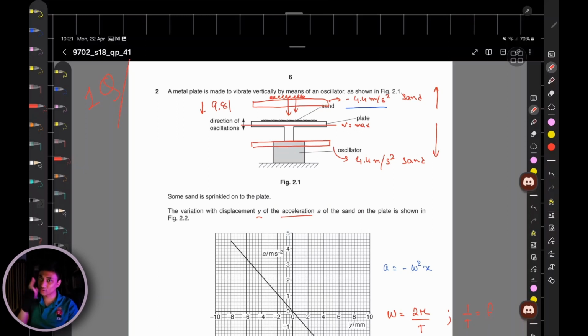Therefore, at the topmost position, when you reach an amplitude where the plate stops exerting any force on the sand, the particles will lose contact with the plate.